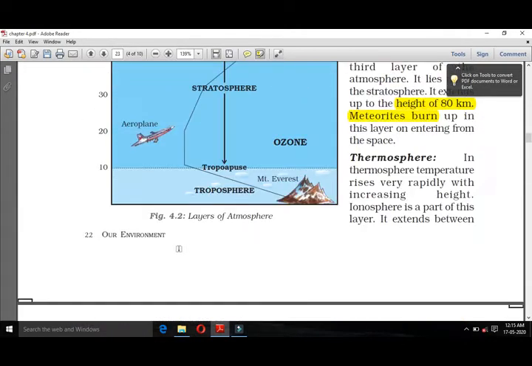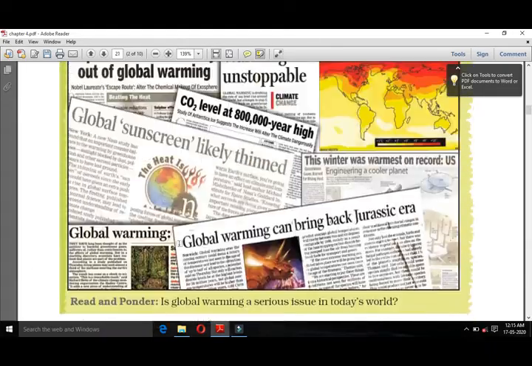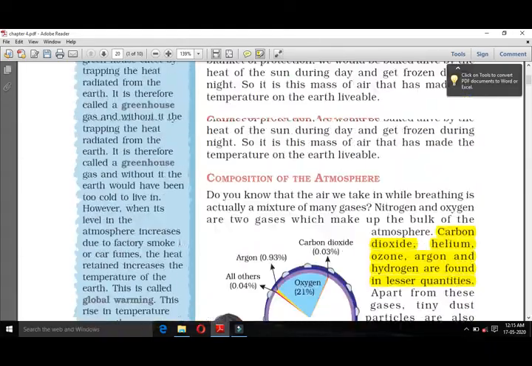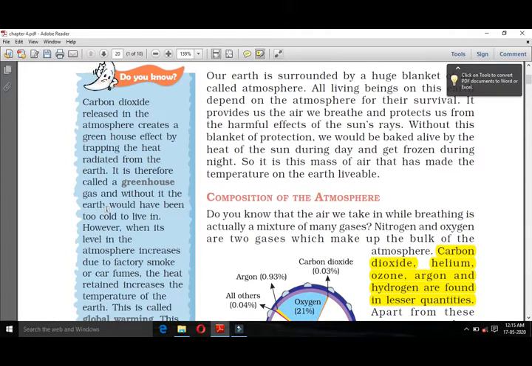So that much of our chapter. Now we are going to discuss what the greenhouse effect is. Carbon dioxide released in the atmosphere creates a greenhouse effect by trapping the heat radiated from the earth. It is therefore called greenhouse.